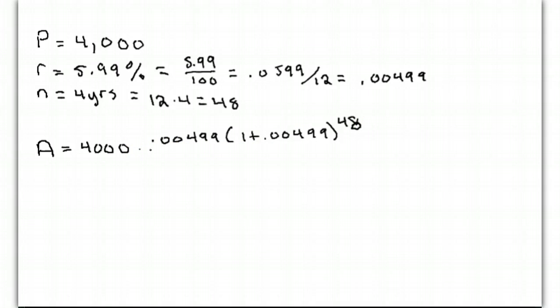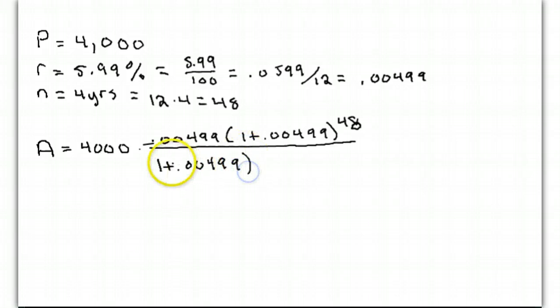And then you must take that and you must divide it by 1 plus 0.00499 to the power of 48 minus 1.